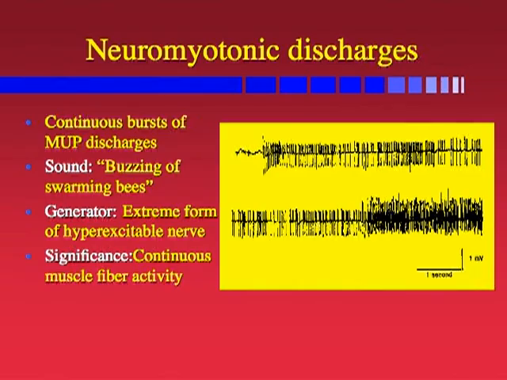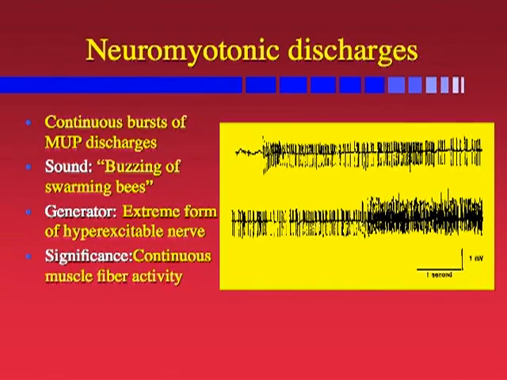Studies suggest that neuromyotonic discharges are generated from the hyperexcitable peripheral nerve anywhere from the proximal segment to the axon terminal. The clinical counterpart of neuromyotonic discharges is continuous muscle contraction, which may be painful in severe forms and give rise to an abnormal posture, difficulty relaxing the muscles, or clinical myokymia in milder forms.